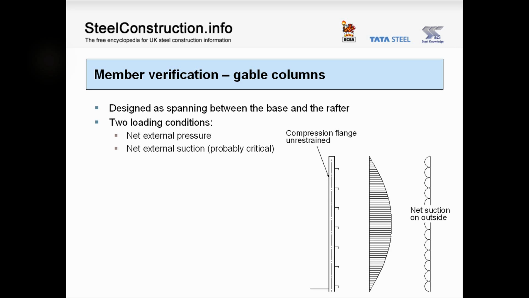The second design case is when we have suction on the outside and again probably an axial load, but the compression flange is now the inside flange of the gable column, and unless we do anything else about it, is unrestrained, and therefore this design case may be the critical case.